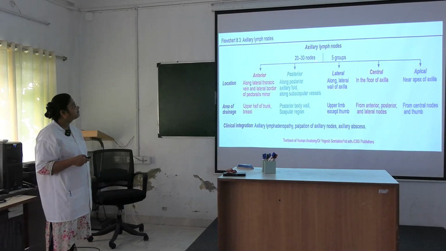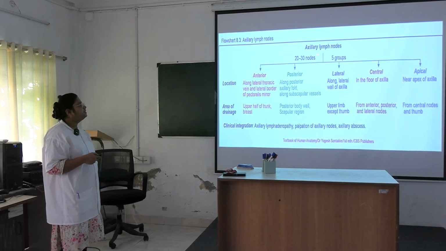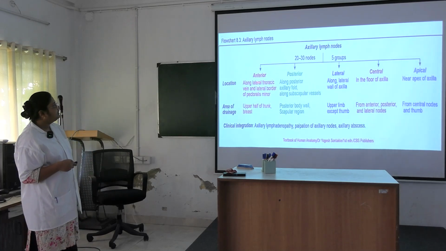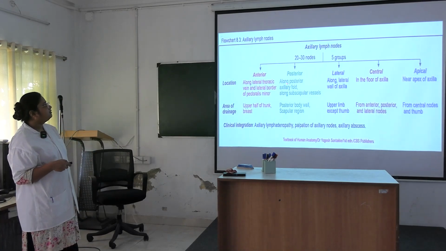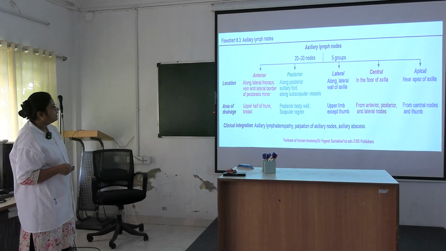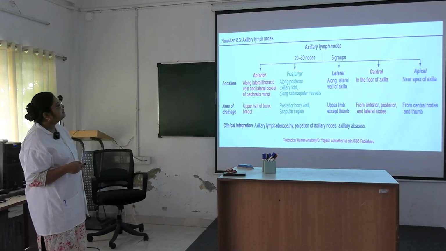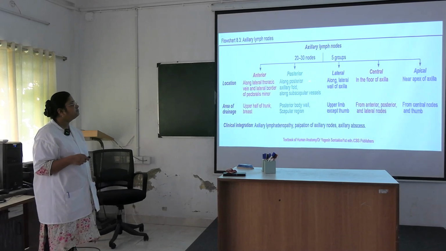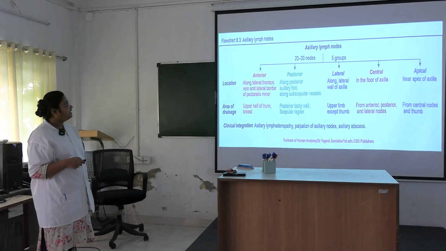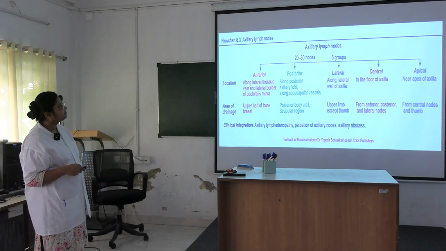So this is a summarization of axillary lymph nodes. There are 20 to 30 nodes in 5 groups. The anterior group lies along the lateral thoracic vein and the lateral border of pectoralis minor; area of drainage is the upper half of the trunk and breast. The posterior group lies along the posterior axillary fold and the subscapular vessels; it drains the posterior body wall and scapular region.